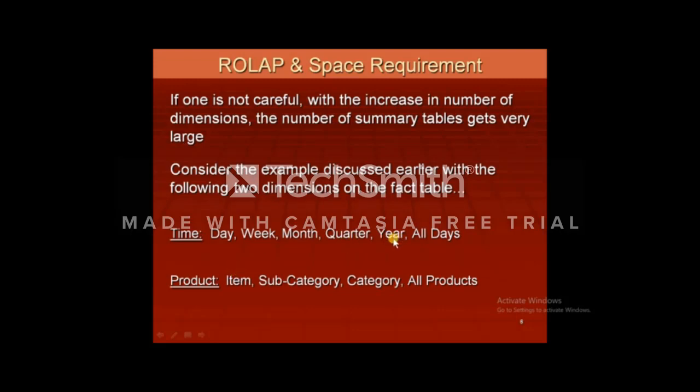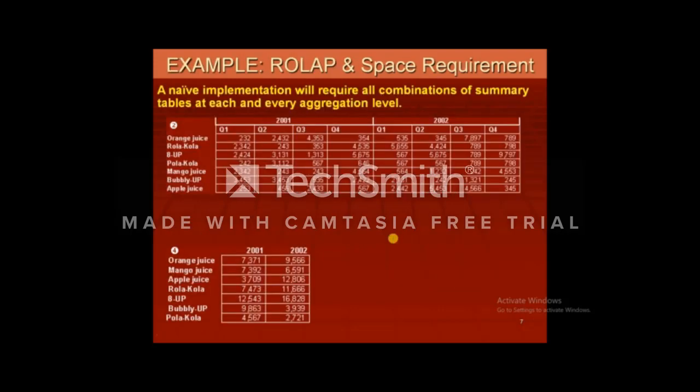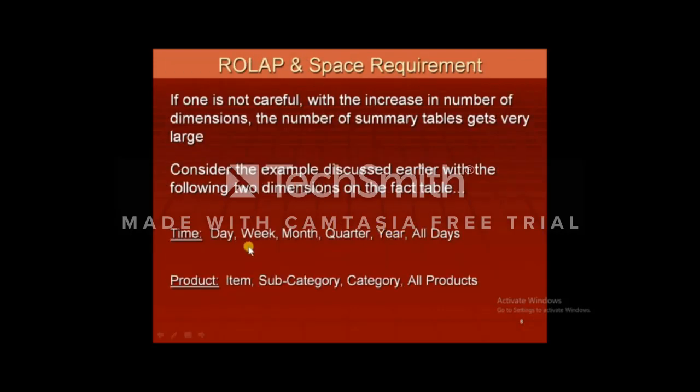So two summary tables are here, but in our next example we'll see that there are two summary tables that will be generated using this category hierarchy and the quarter hierarchy, and this category hierarchy and this hierarchy.